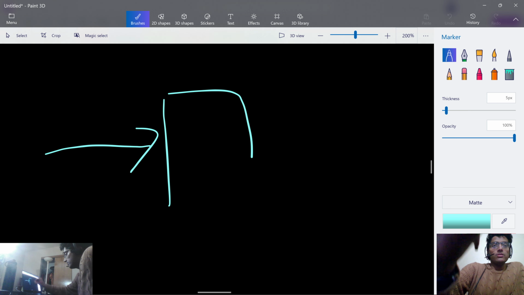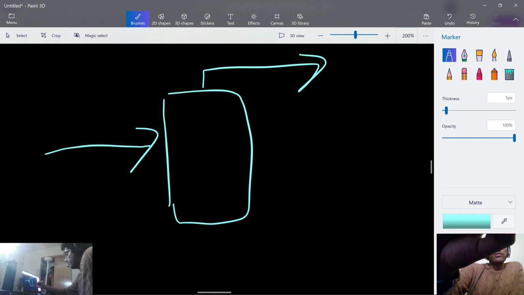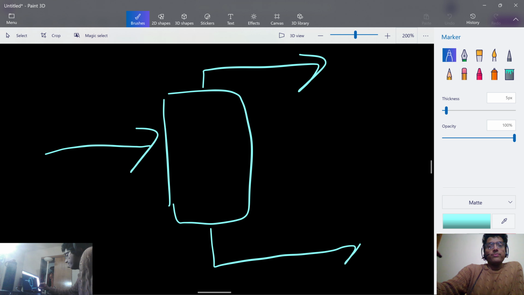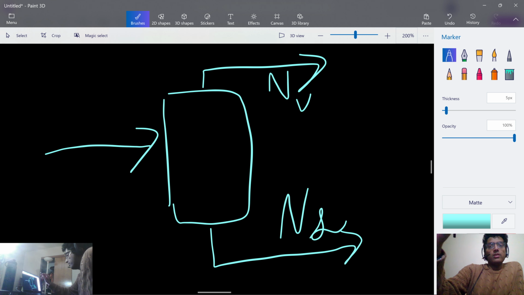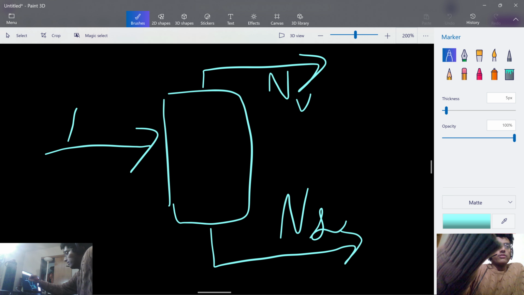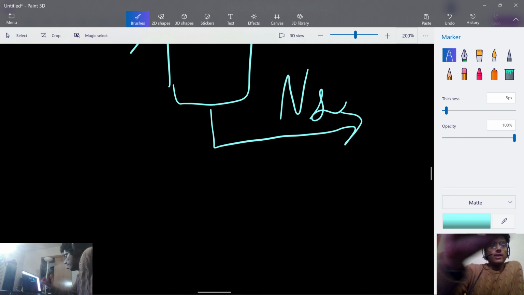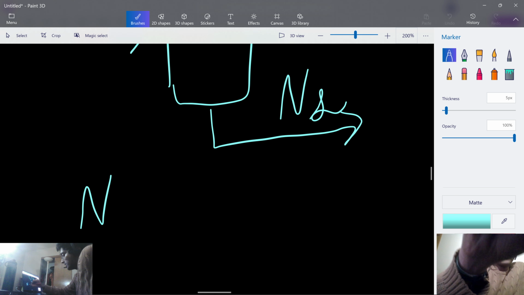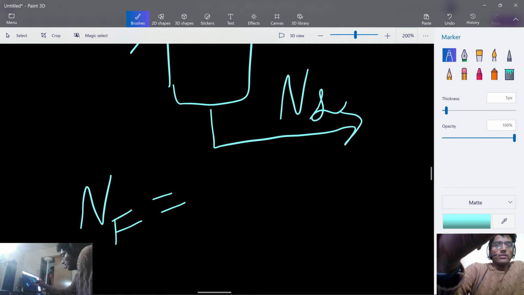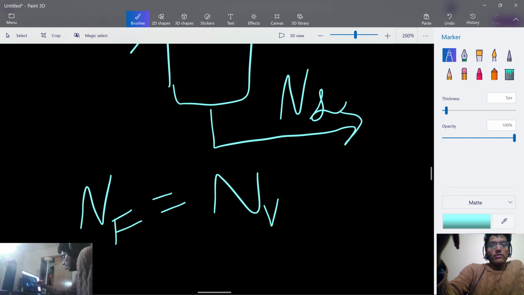Imagine you have a vessel, right? You have a feed coming in, a mixture of liquid and vapor, and then you have your vapor coming off the top and your liquid coming off the bottoms. Mainly there's a very important mass balance, super easy: NF equals NV plus NL.